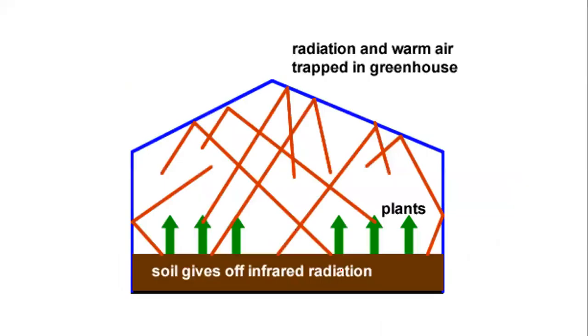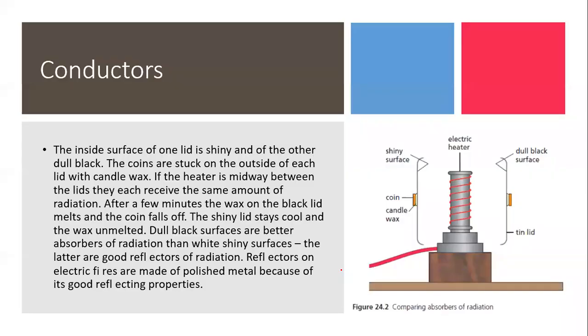Now, this is where we have to remember who are good absorbers of radiation and who are good emitters of radiation. So you need to know good emitter, bad emitter, good absorber, bad absorber. So let's consider the situation.